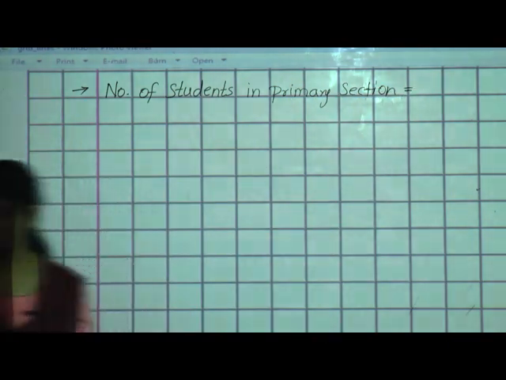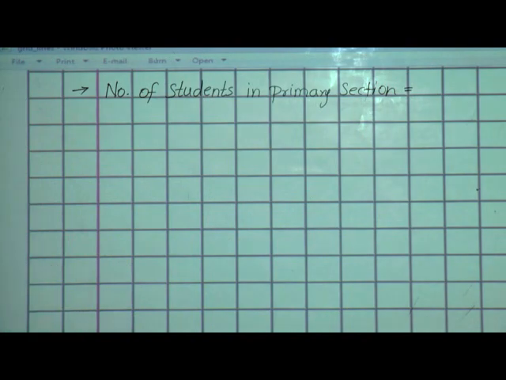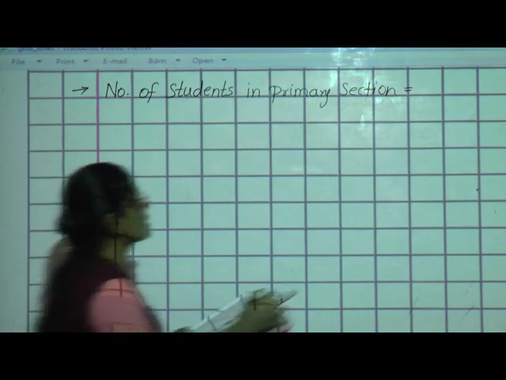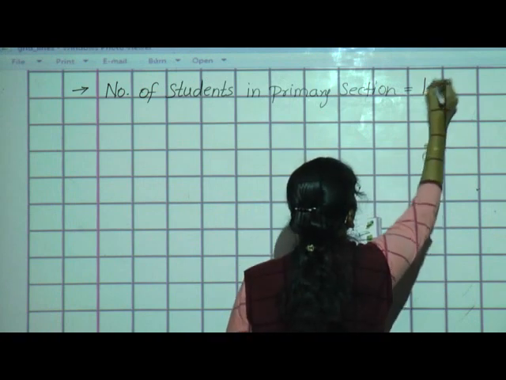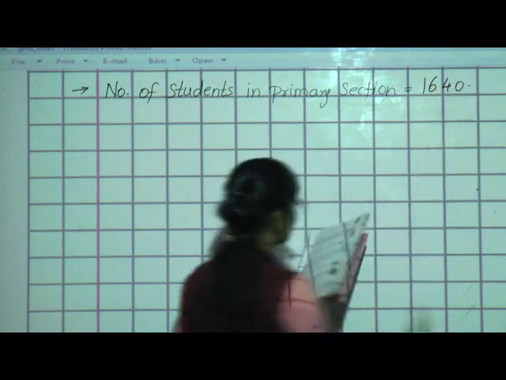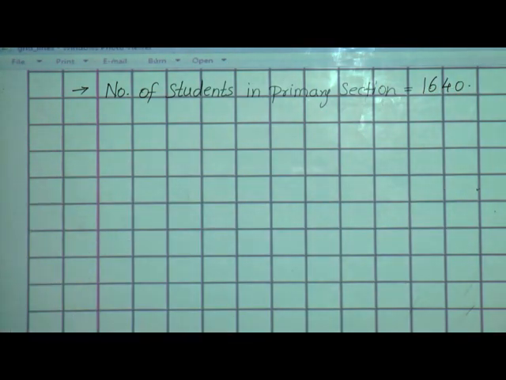Number of students in the primary section is equal to 1640.